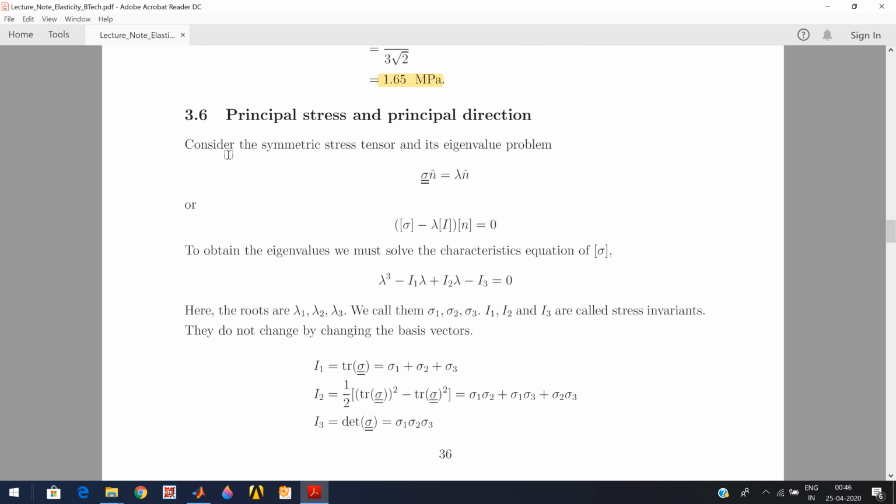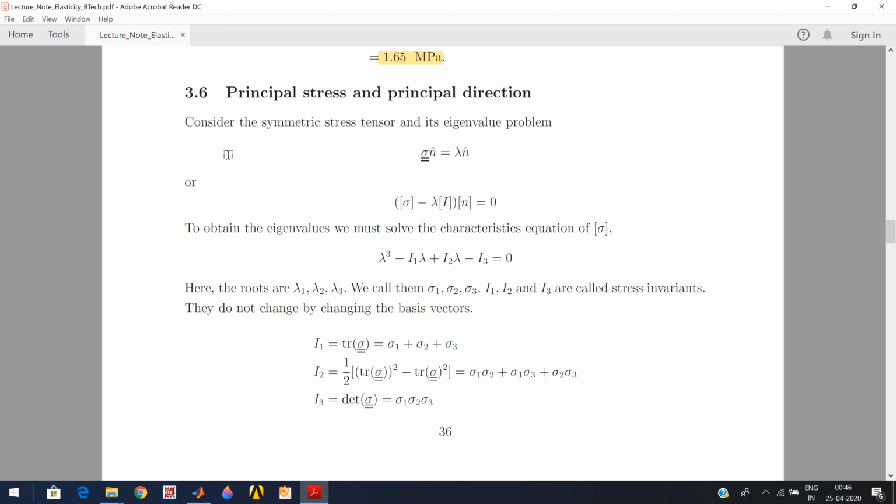All right, now principal stress and principal direction. We have discussed what the principal values of a tensor are. In a similar way, here also we can get the principal stress and principal direction. It is the same concept, nothing changes here, so I will not spend much time on this.